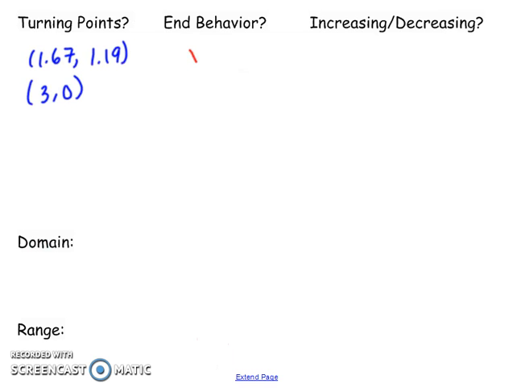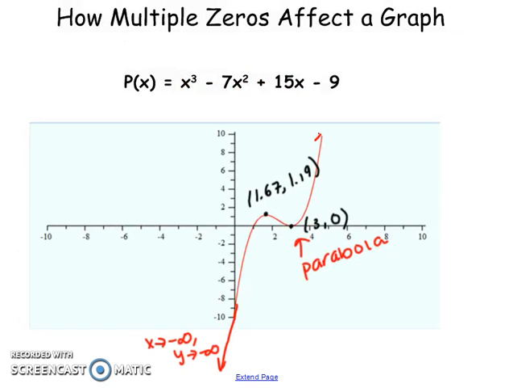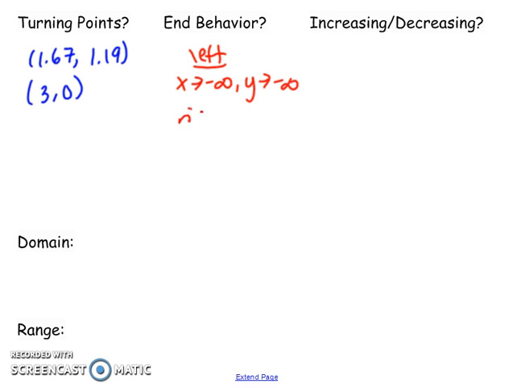So my end behavior, on my left side, x goes to negative infinity as y goes to negative infinity. And then for my right side, up here, I'm in the first quadrant, x and y are both positive. So for my right side, x approaches positive infinity as y approaches positive infinity.